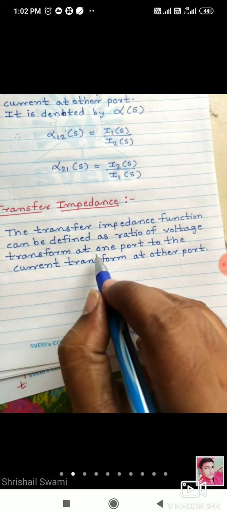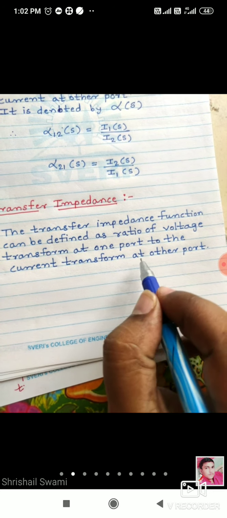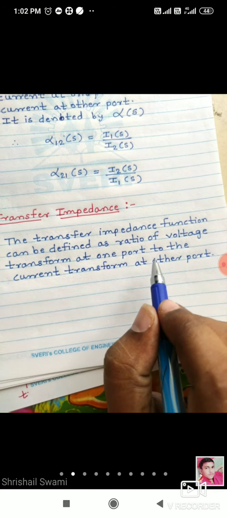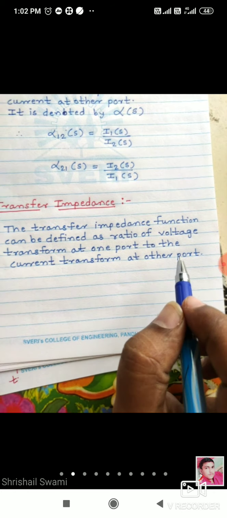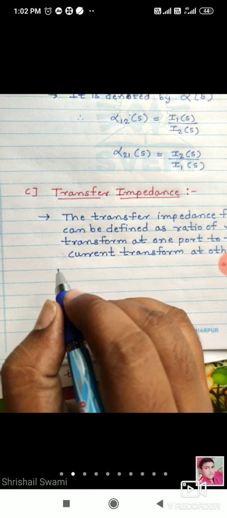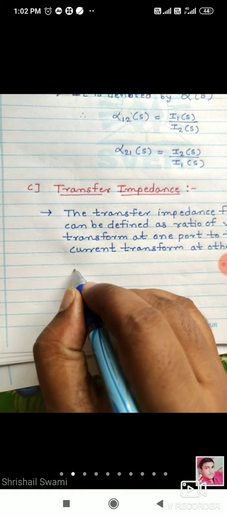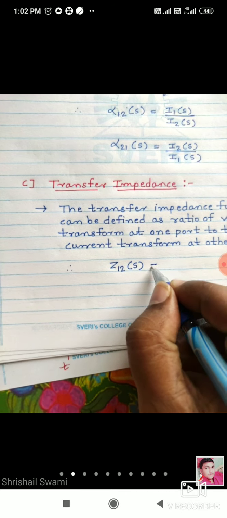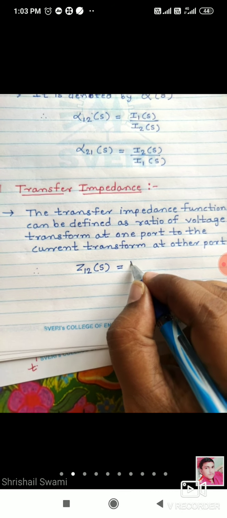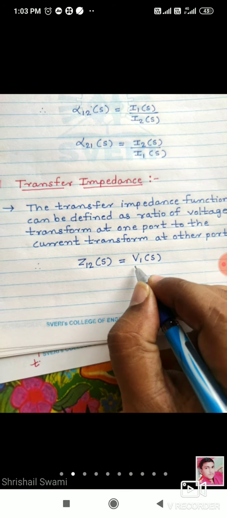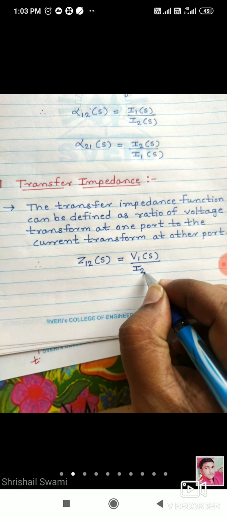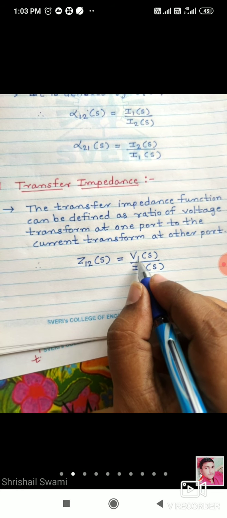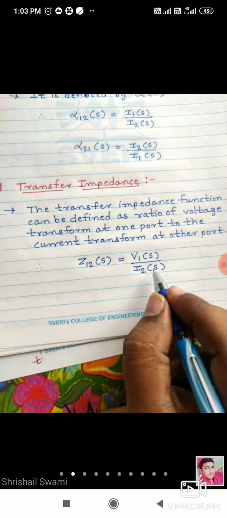So this is very important here. Voltage transform at one port to the current transform at other port. Both ports should be involved. Okay, so it is denoted as usual impedance means Z. Z12 of S means V1 of S divided by I2 of S. So V1 is for first port, I2 is for second port.